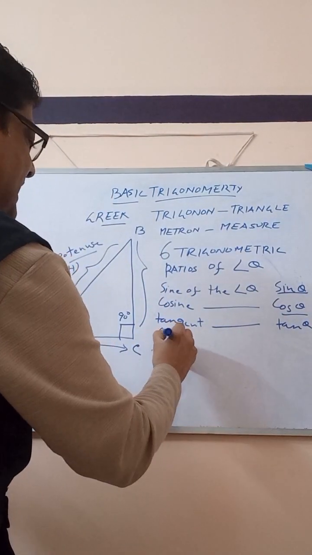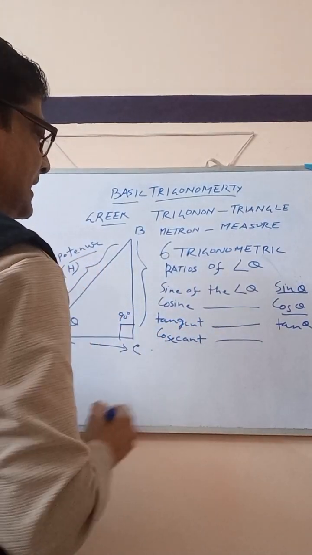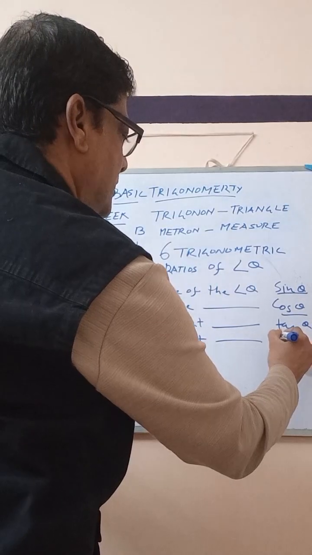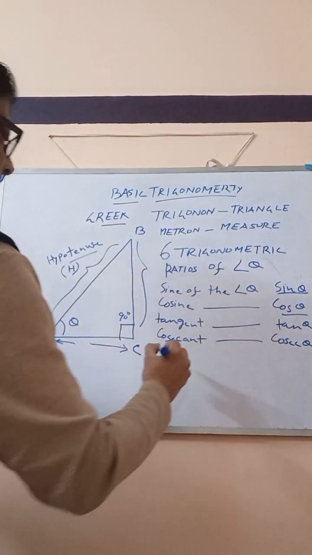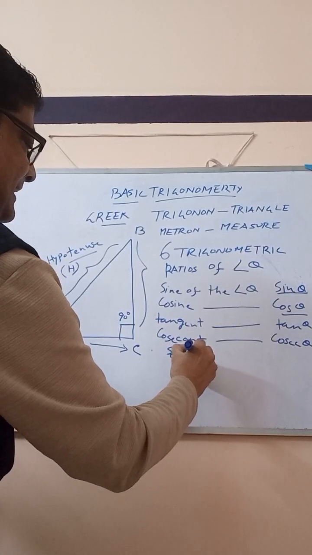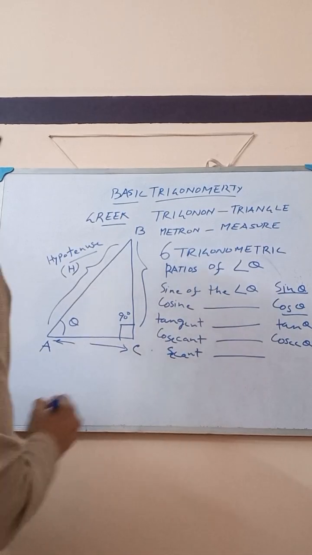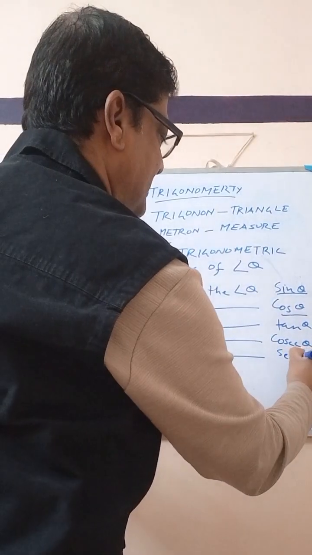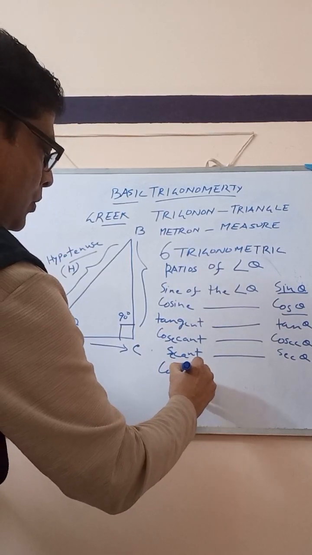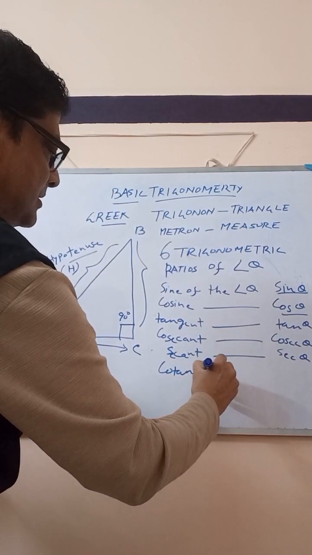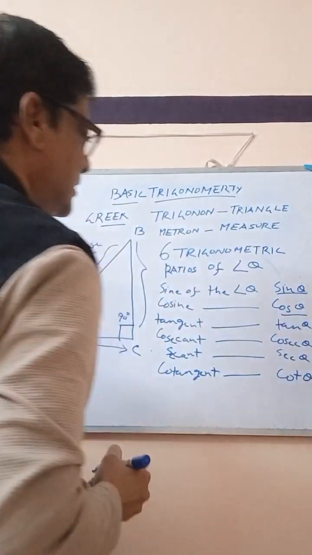Then cosecant of the angle theta, we call it cosec theta. Then secant of the angle theta, we call it sec theta. And last is cotangent of the angle theta, we call it cot theta.